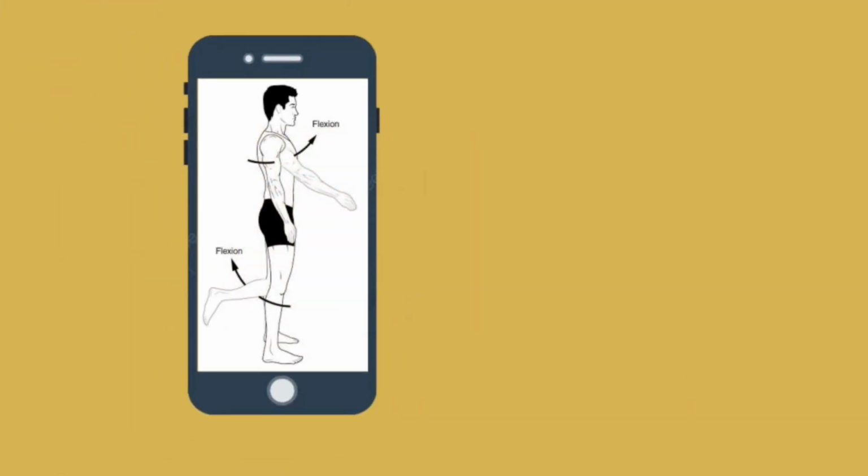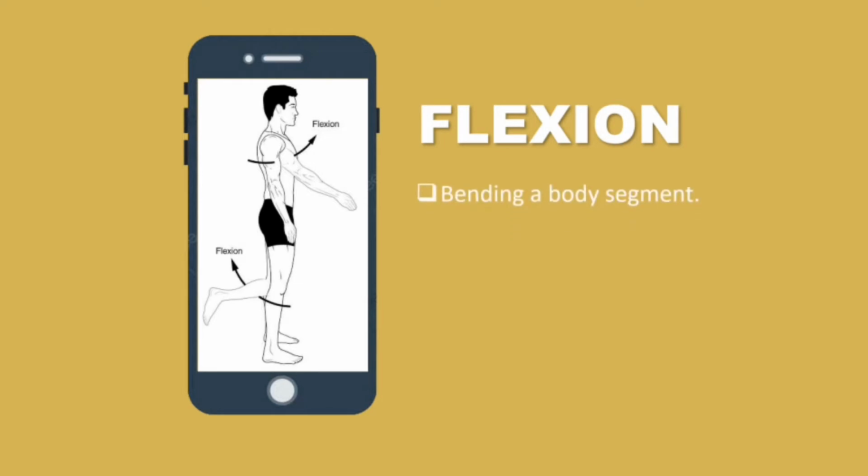So the first basic movement of flexibility is what we call flexion. Flexion refers to a movement that decreases the angle between the bones of a limb at a joint. Bending the elbow or clenching a hand into a fist are examples of flexion.